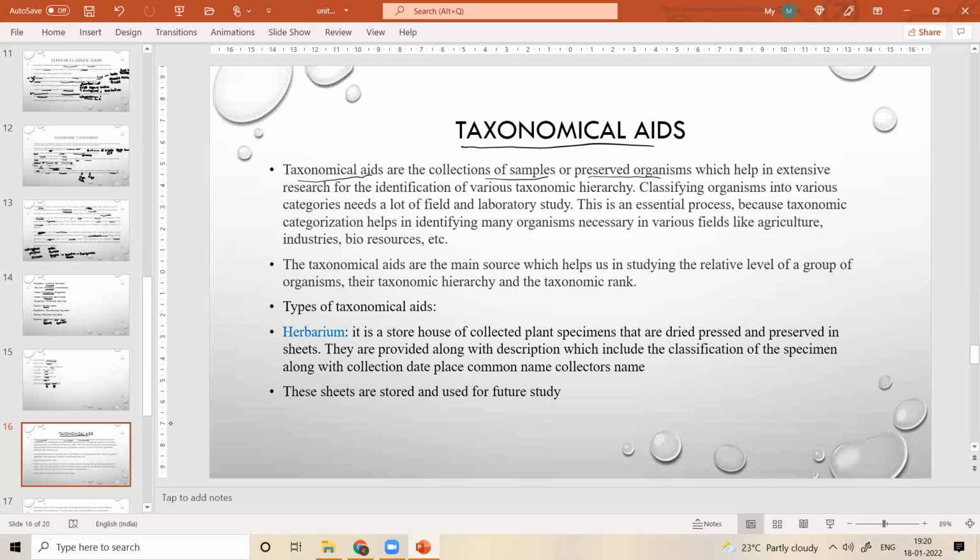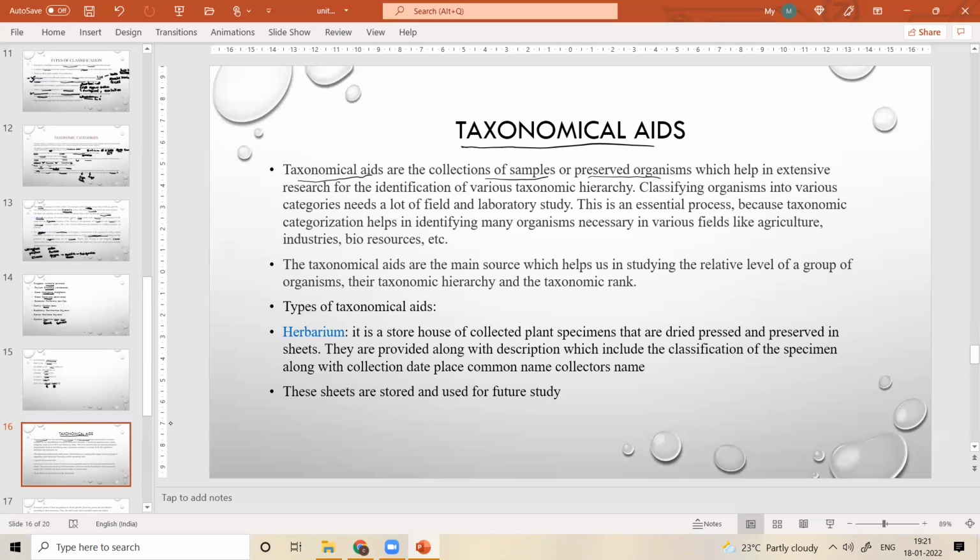So basically, taxonomic aids are the collections of samples or preserved organisms which help in extensive research for identification of various taxonomic hierarchy. So for understanding, for doing research, for studying them in detail, for identification of different taxonomical categories, if you preserve some samples, then when a new organism is recognized, we can compare its characters with already preserved ones.